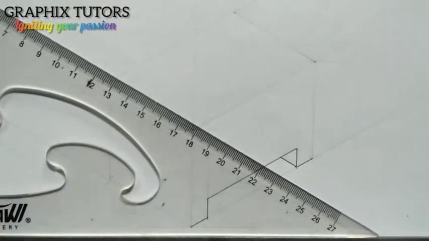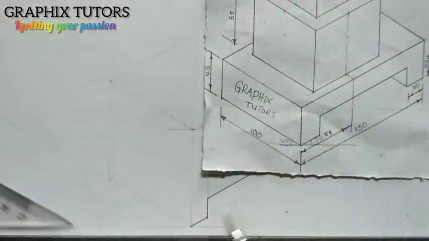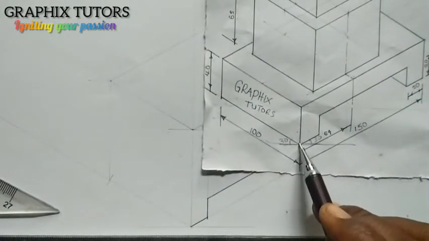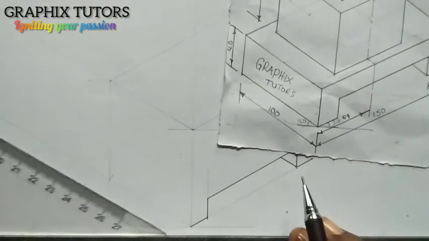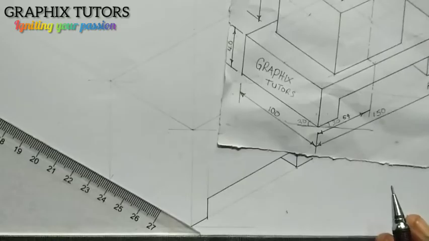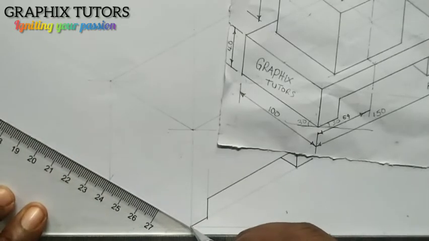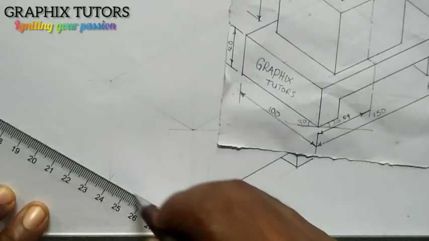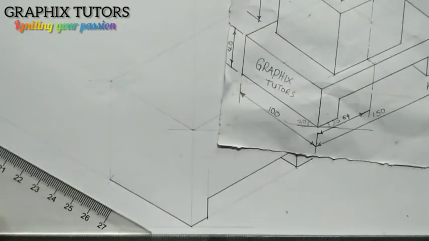Now if you look at this also, from this point here, from here also to this last point here is thickened. I'll take my set square on my T-square, I'll move it, I'll get to that point here, and I'm going to do that. I've taken it. You can see that.